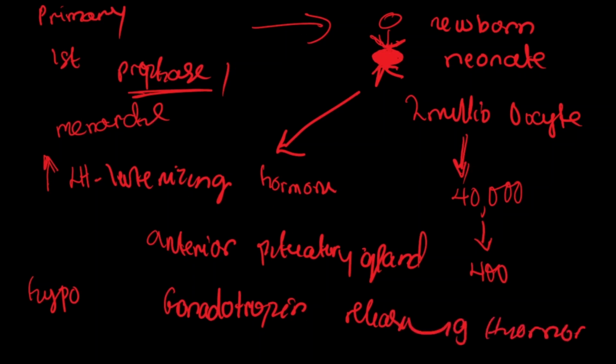Now this hormone acts on the anterior pituitary. We have the anterior pituitary and the posterior pituitary, but for this video we'll be considering the anterior pituitary gland. Taking a look at the name, gonadotropin releasing hormone, this hormone stimulates the release of gonadotropin.